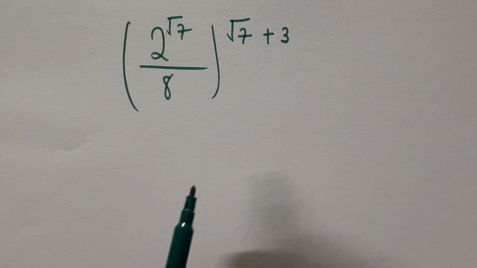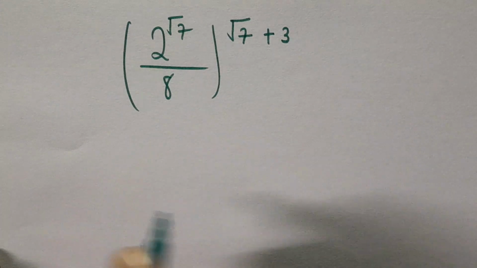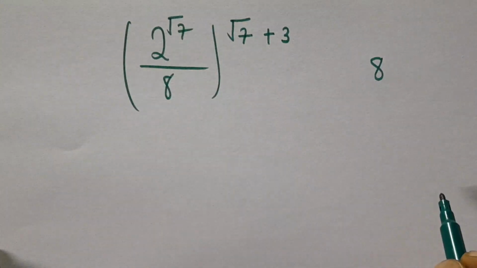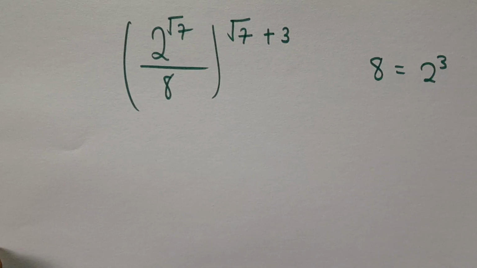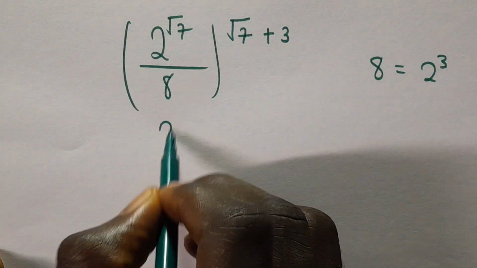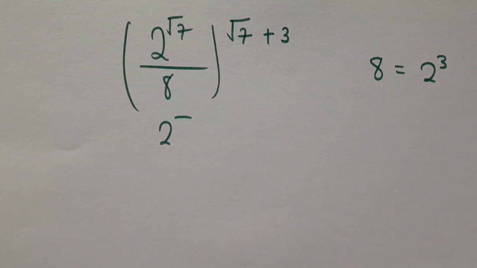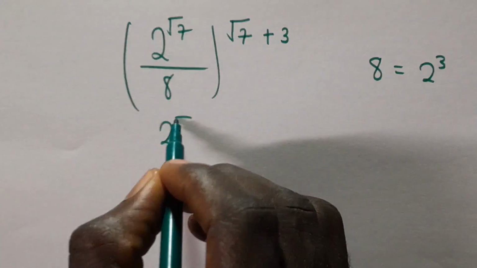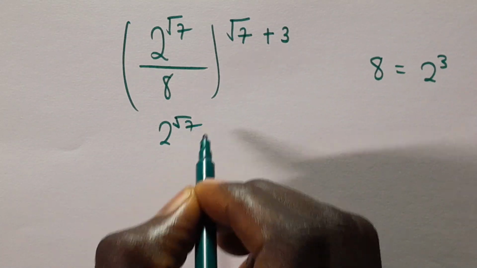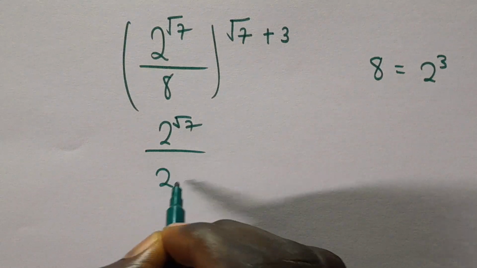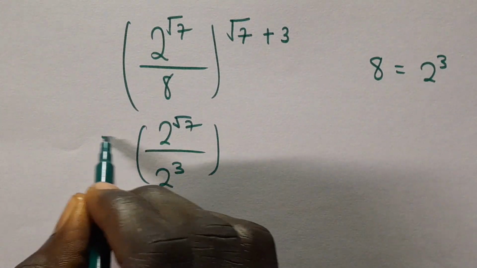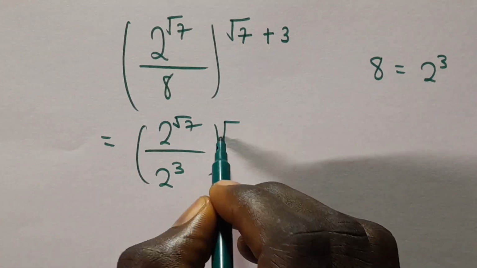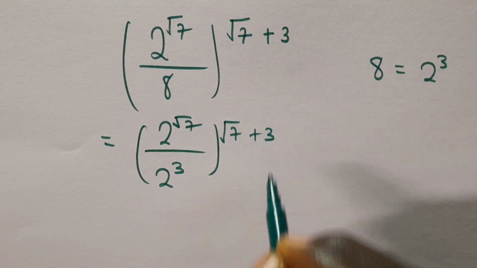Likewise, when we have something like this, we believe that 8 equals 2 raised to power 3. So now from here we have 2 raised to power √7 divided by 2 raised to power 3, then we have everything to be raised to √7 plus 3.